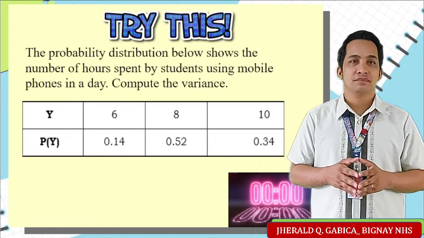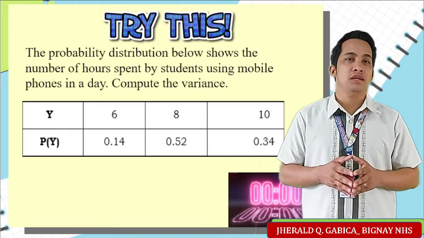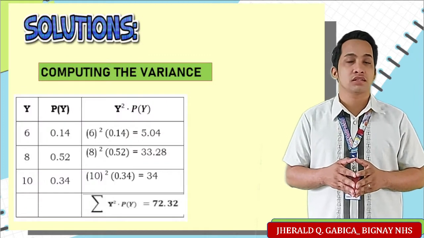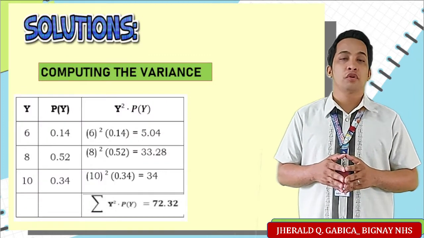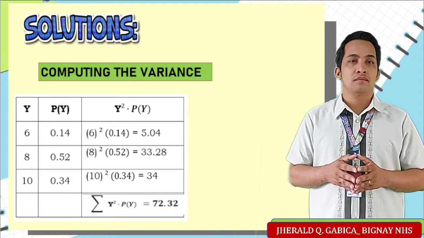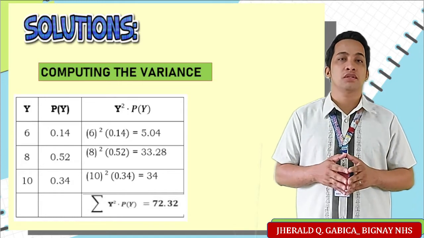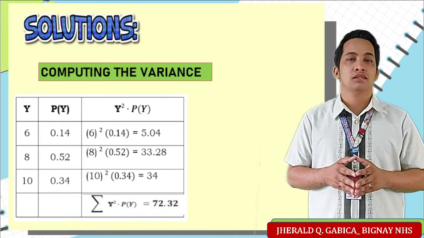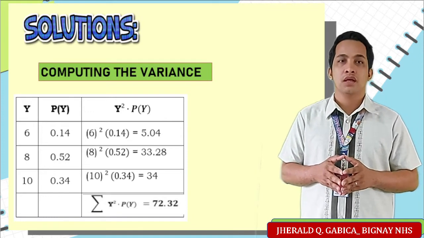Time is up. The solution would be, by using alternative solution to solve for the variance, we will add another column for y squared times p of y. So our solution will be for 6, we have 6 squared times 0.14, that is equal to 5.04.